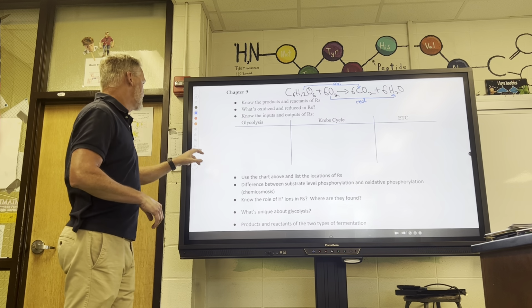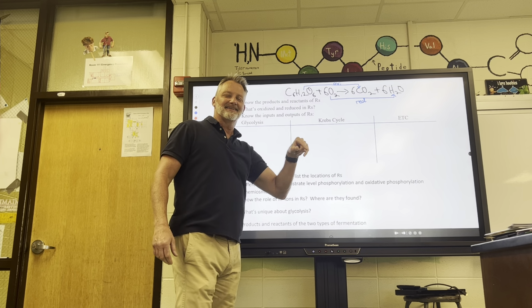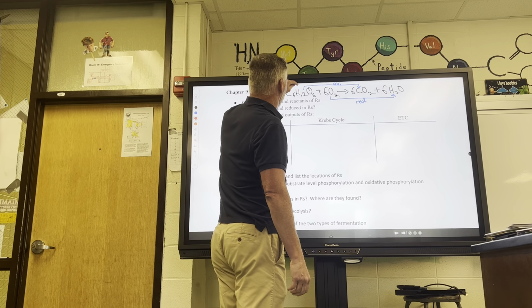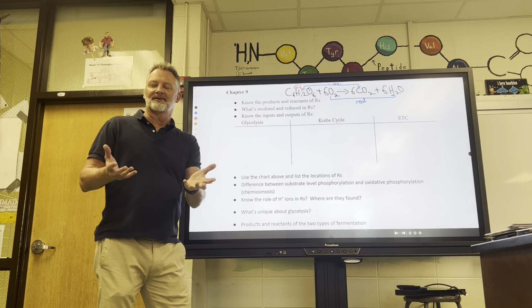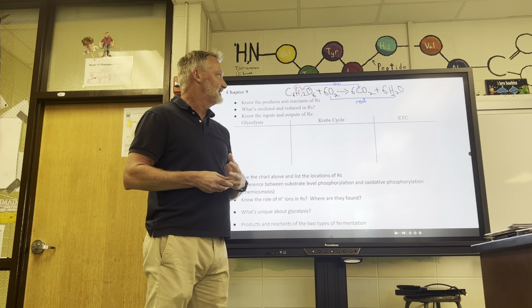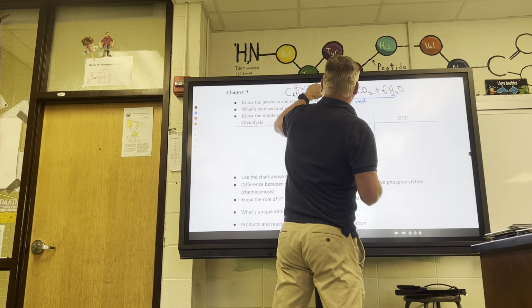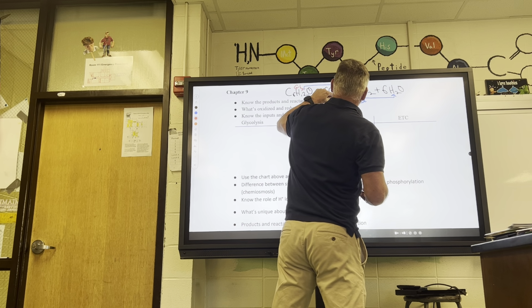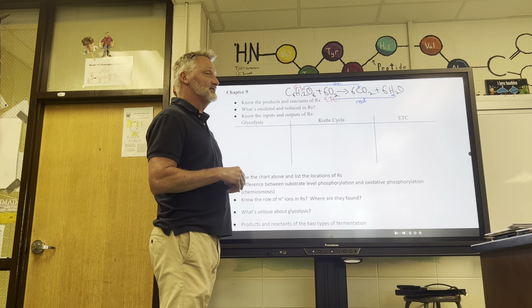What stage does glycolysis... It's glycolysis, right? Glucose is initially entering in glycolysis. What stage does oxygen play a role? ETC. What stage is CO2 released?